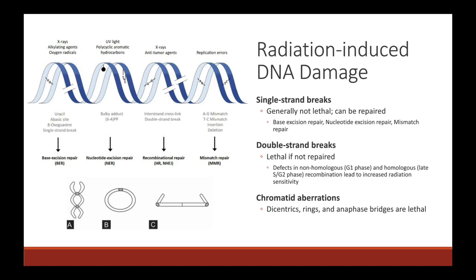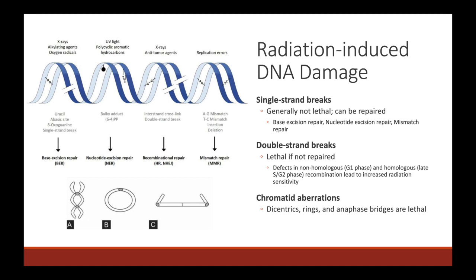Single-stranded breaks are probably the most common of radiation-induced damage that occur, but single-stranded breaks are generally not lethal and they can easily be repaired because our cells do obviously have a lot of repair mechanisms. It's really the double-stranded breaks, when both copies of the DNA are damaged, that are lethal. However, these are less common, as you can imagine.